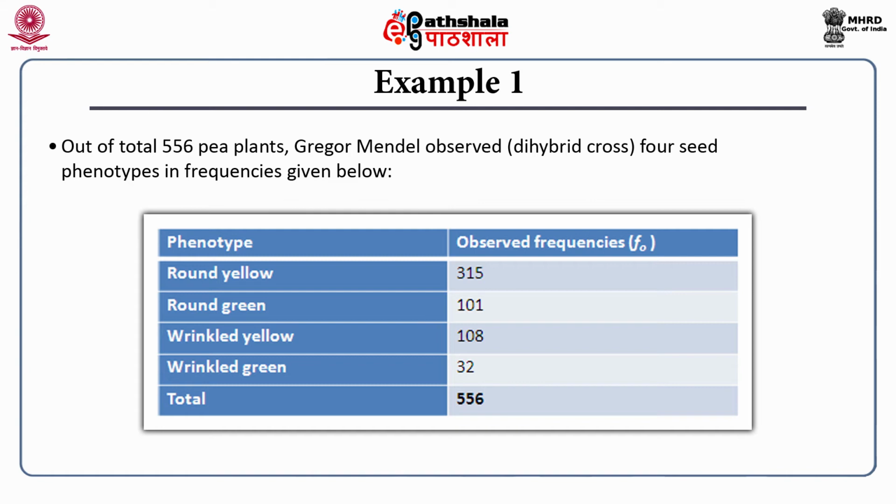He simply counted the number of round yellow, round green and so on, and found the observed frequencies. As of now, Fo is ready. Now the second step is Fe: how to calculate Fe. Gregor Mendel has his own model of his dihybrid cross.